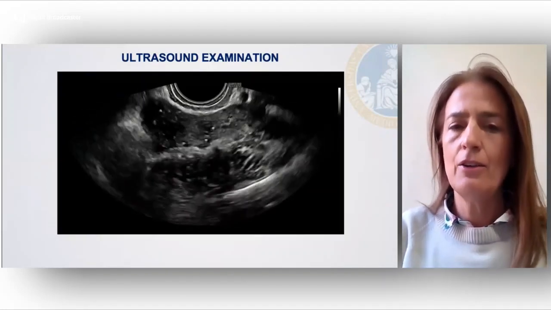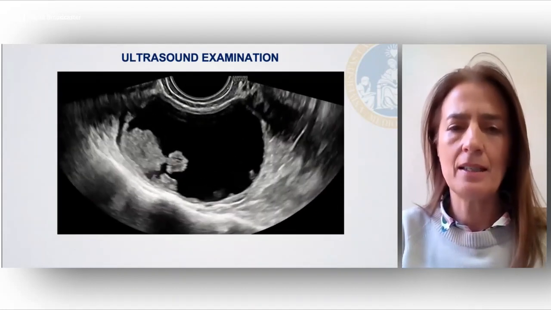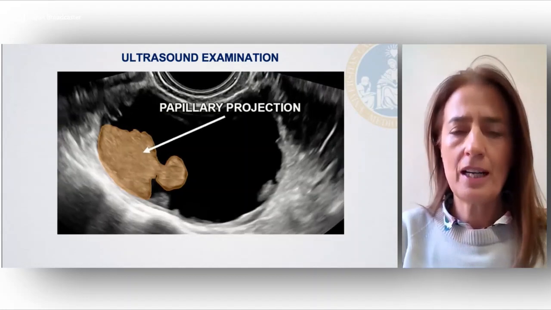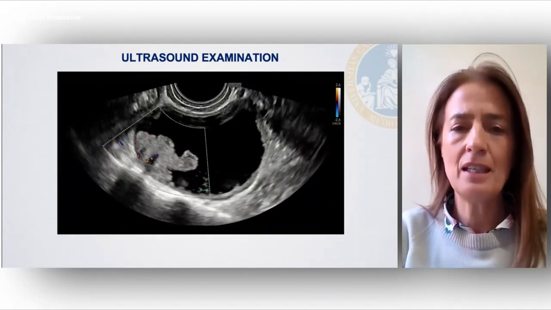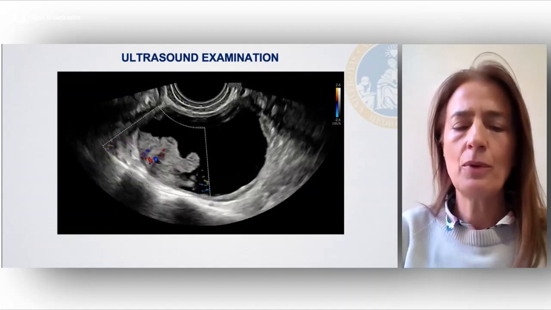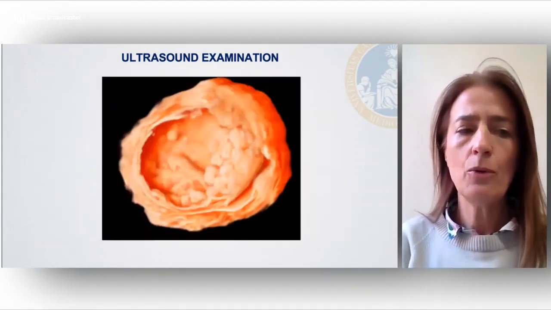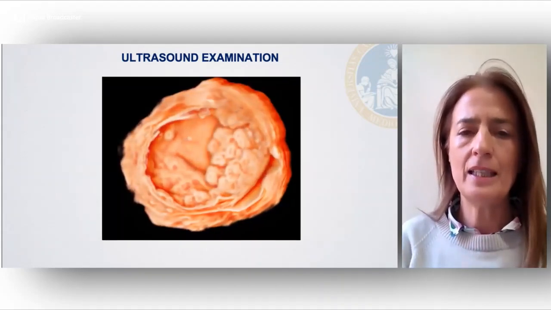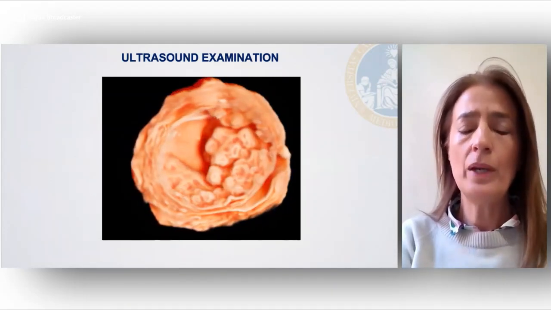And here, those among you with some experience in transvaginal examination will recognize by pattern recognition a specific diagnosis, because we are in front of a unilocular lesion with several papillary projections. We can see the internal surface of this lesion.